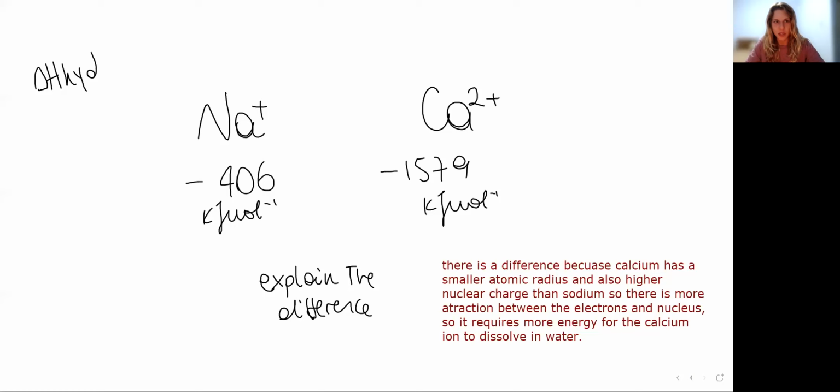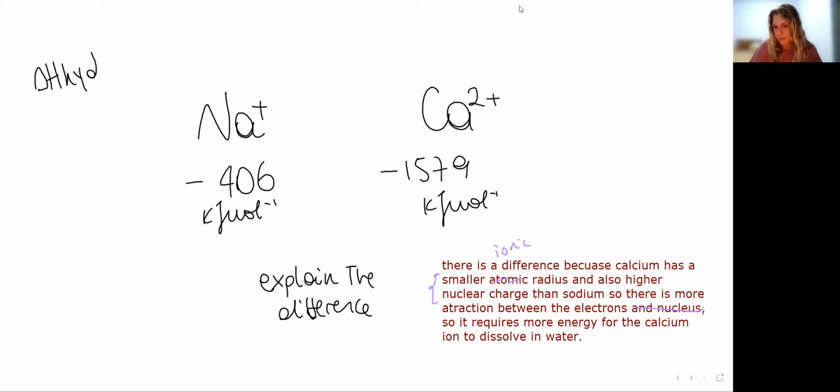So for this answer, there is only one little thing that I would say we can improve, because it's always about the nuclear charge, the nuclear attraction, which is a combination of these factors. And one thing is ionic radius, because we're talking about ions. And then, higher nuclear charge, absolutely. So smaller ionic radius and higher nuclear charge. So there is more attraction between the electrons and the nucleus, but then think about what is the relevant attraction, because it would be between something else, which is the water.